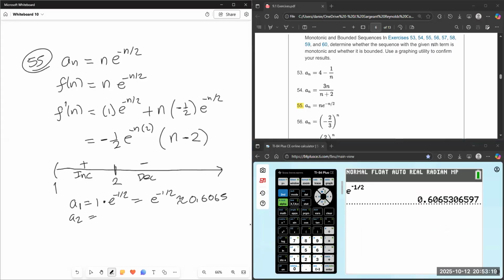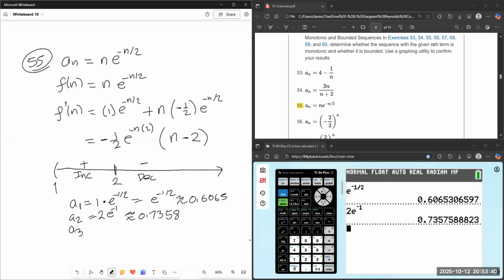A2 is equal to 2 e to the negative 1, which is approximately 0.7358.